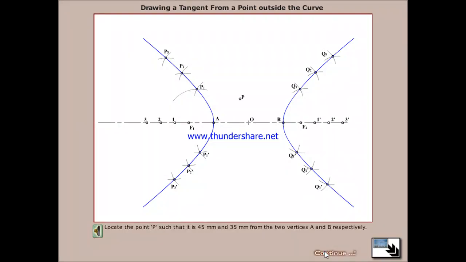Locate the point P such that it is 45 millimeters and 35 millimeters from the two vertices A and B respectively.